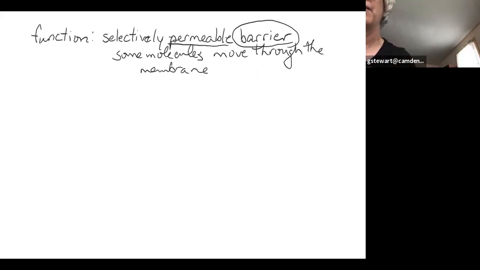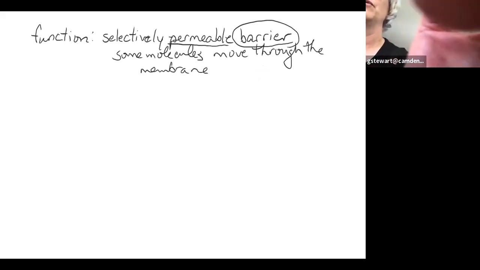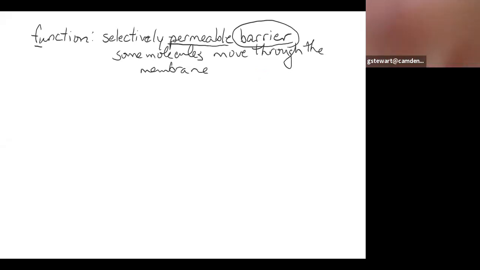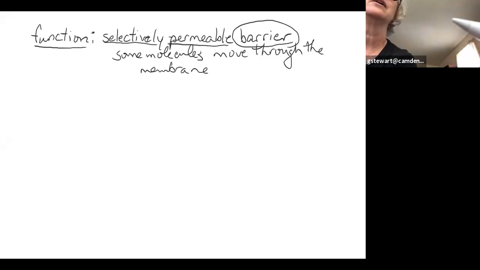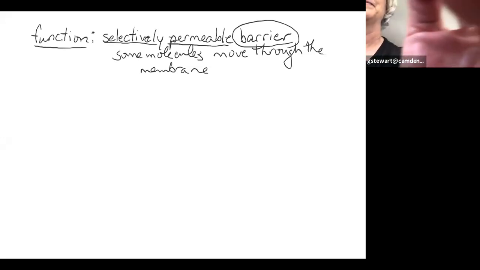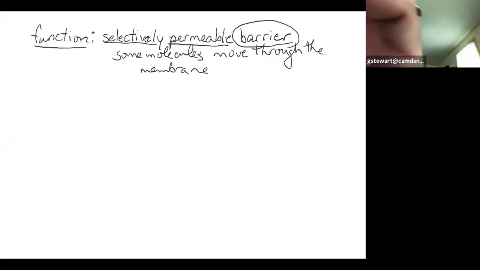Okay, so now, how do things move through this barrier, right? It's selectively permeable. Which things can get in and out, and how do they actually cross the barrier? How do they move from inside the cell to outside the cell, or outside the cell to inside the cell? And this occurs mainly in two forms.